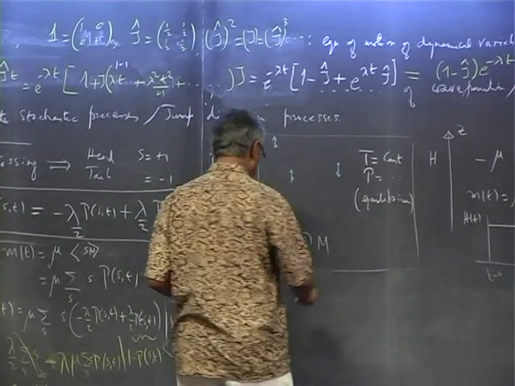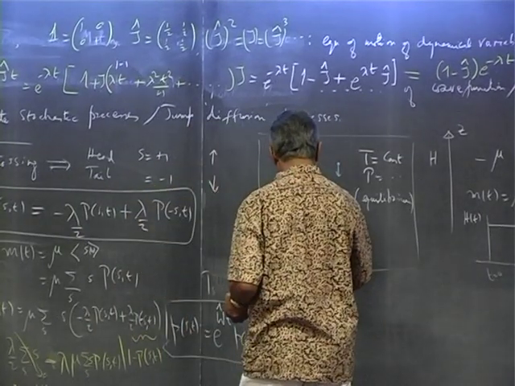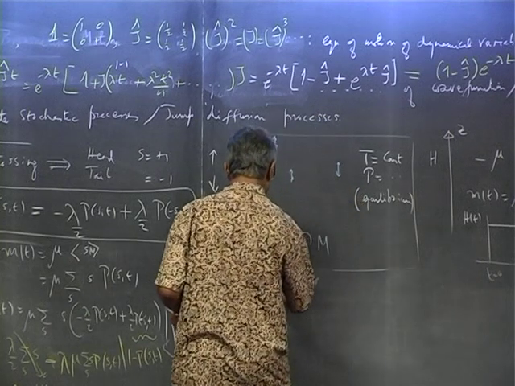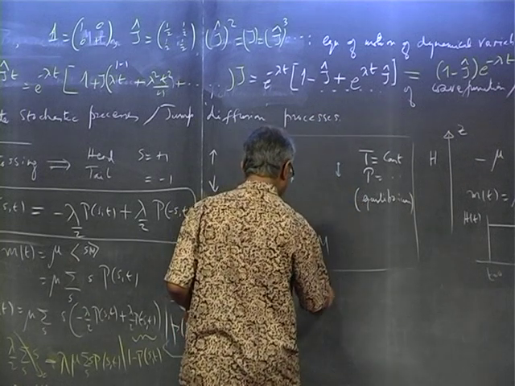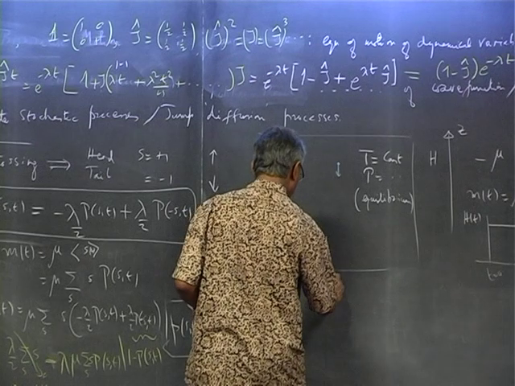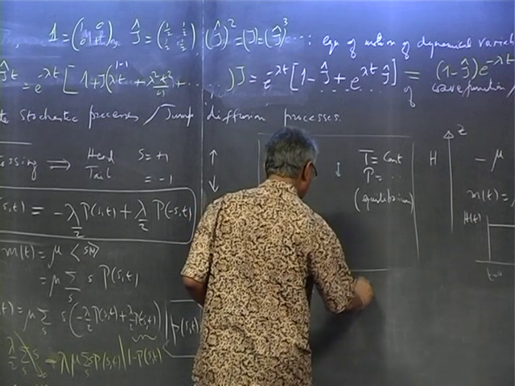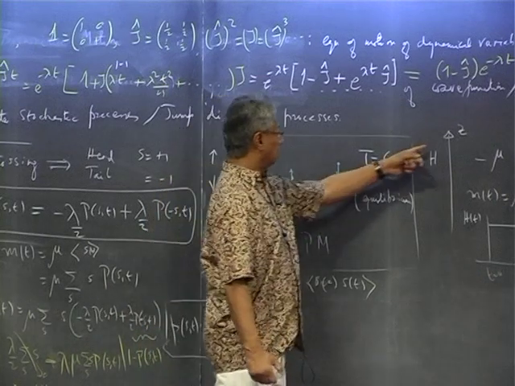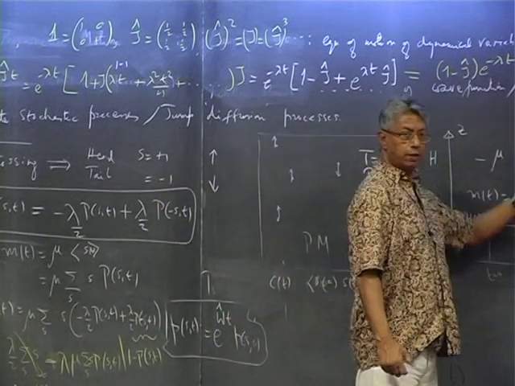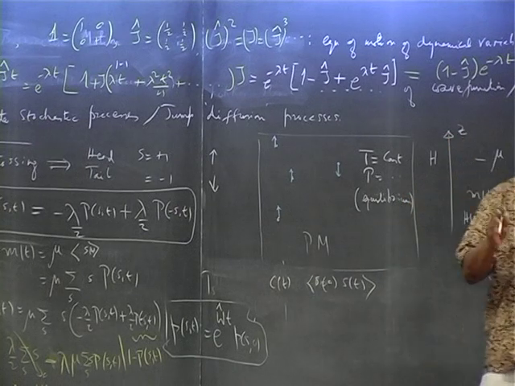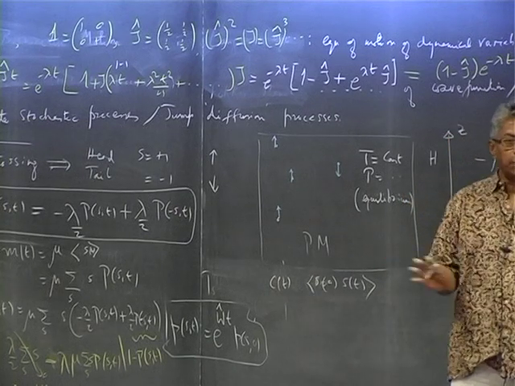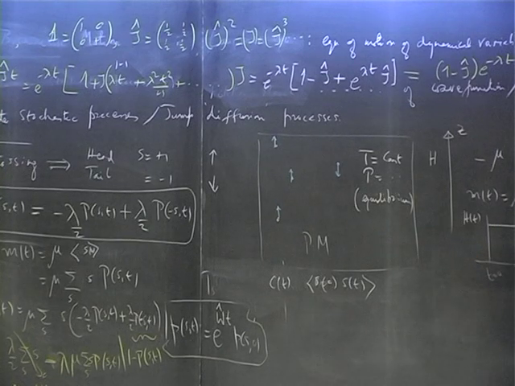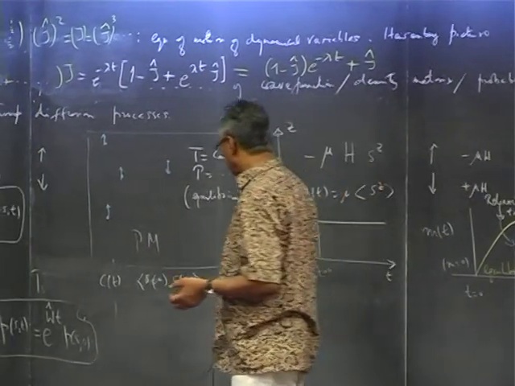So how do I calculate a correlation function, which I denote by c of t, that's like the average of s of 0 at time t equal to 0 times s of t. I'm not putting the superscript z for the sake of brevity of notation, because I'm only considering the z component of the spin, and it's completely classical. So I've dropped the superscript z.